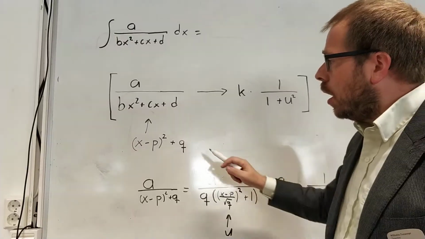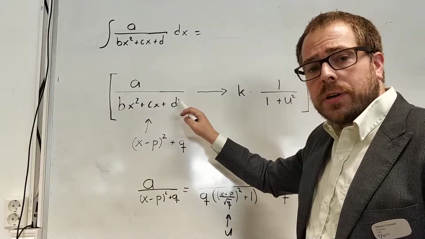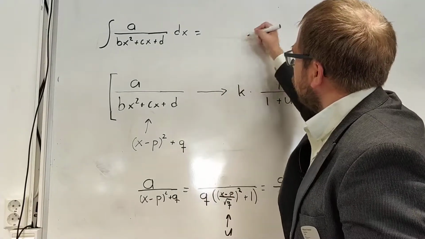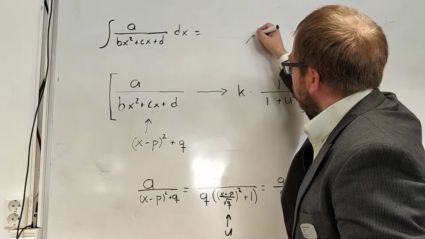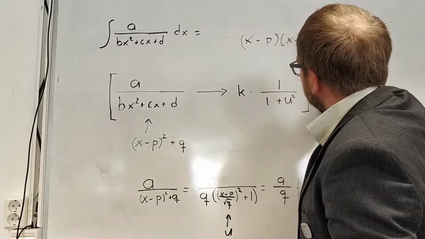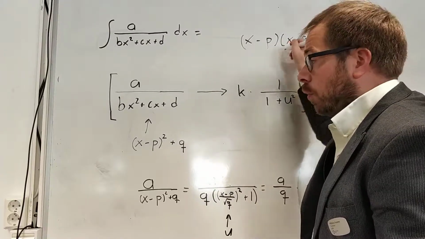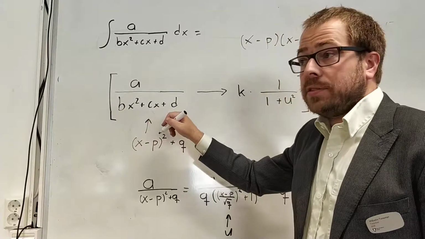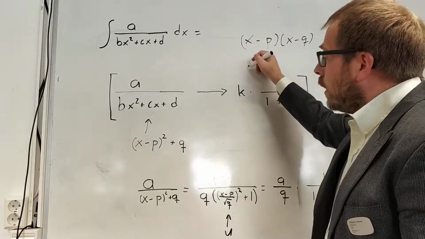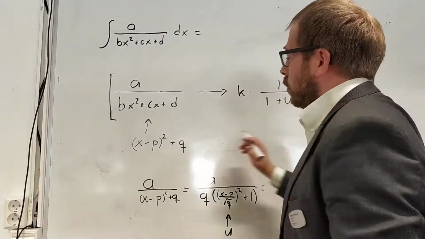Well, a second grade polynomial can be factorized. You know, when you get something like x minus p times x minus q, where p and q are the roots of this polynomial. That is to say, where this will have the value 0. And from there, now I use p and q, which I already used there.